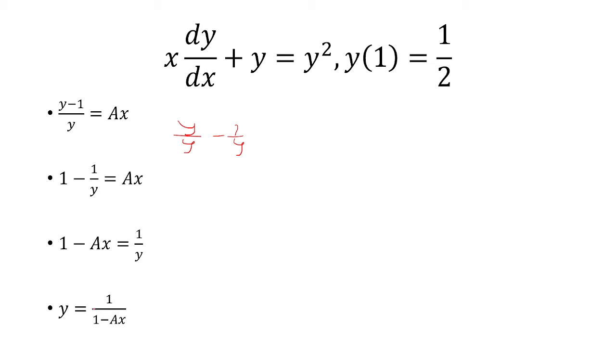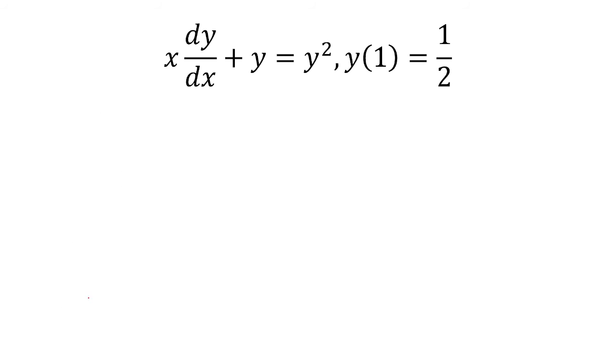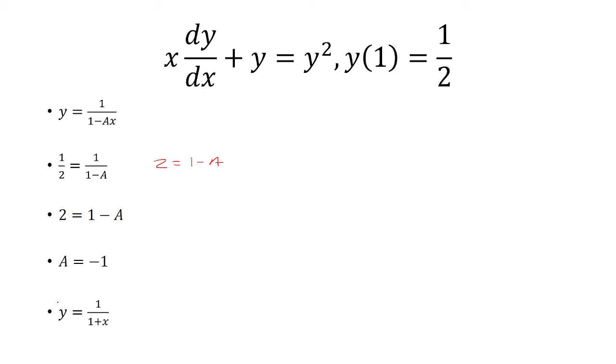So I have y equals 1 over 1 minus ax. Now I want to use the initial condition that when x is 1, y is 1/2. Plug it in. Because the numerators are the same, I just set the denominators equal to each other. And I get that a is negative 1. And so my solution is y equals 1 over 1 plus x.